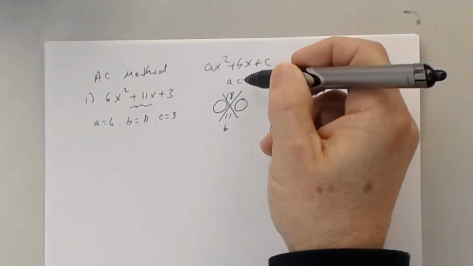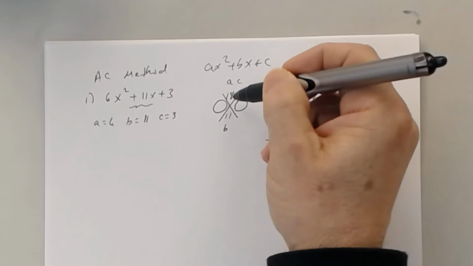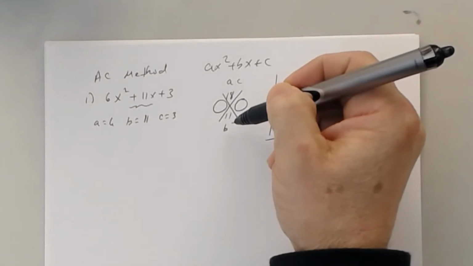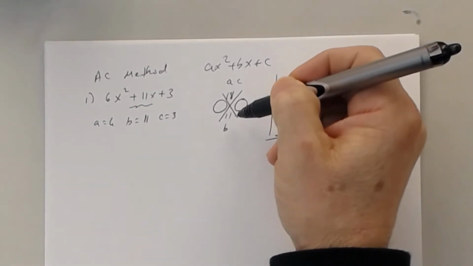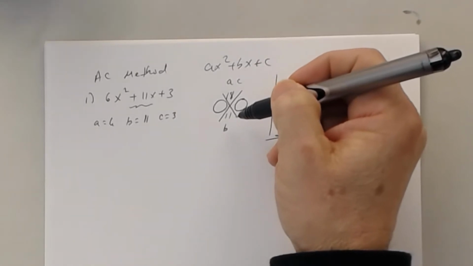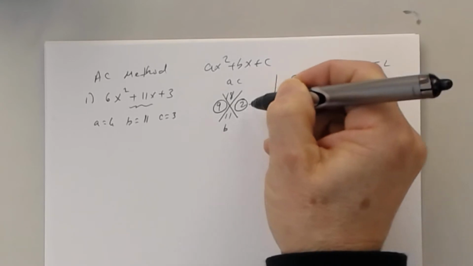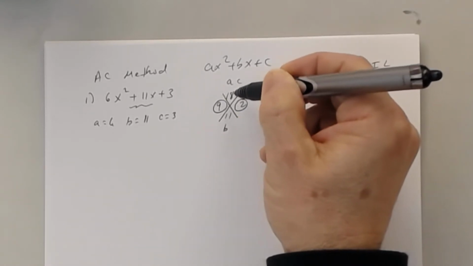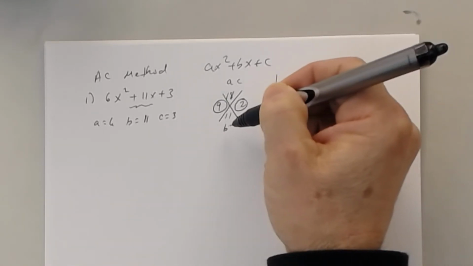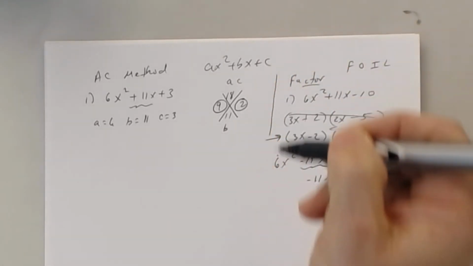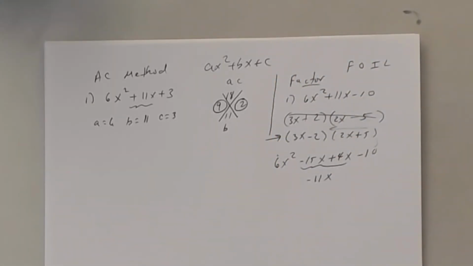Product to be 18, and you want the sum of those 2 numbers to be what? 11. So come up with some ideas. Give me 2 numbers whose product is 18 right off the bat. Tell me. 9 and 2. Is 9 times 2 18? Is 9 plus 2 11? Yes. So right off the bat, you got the 2 numbers that work.